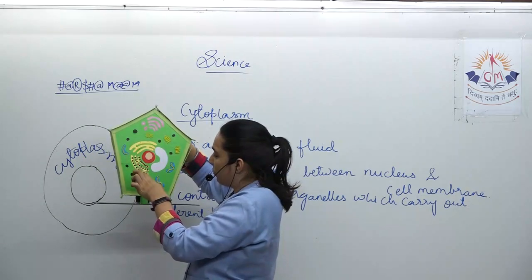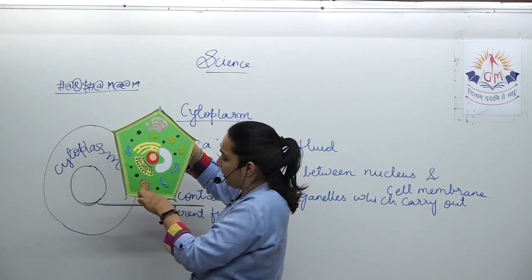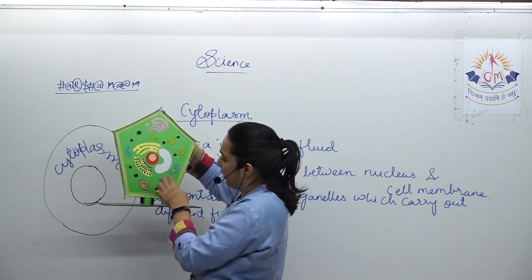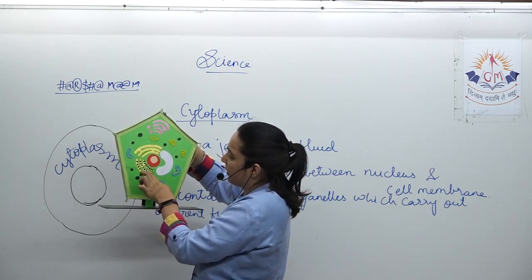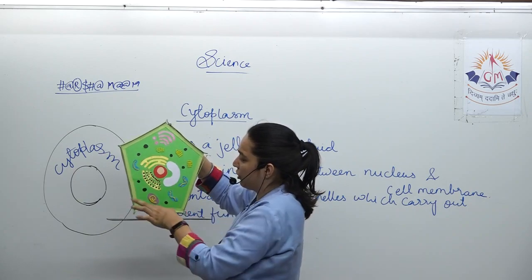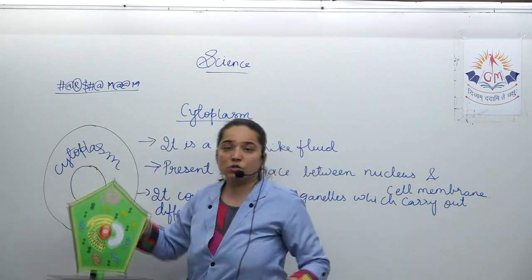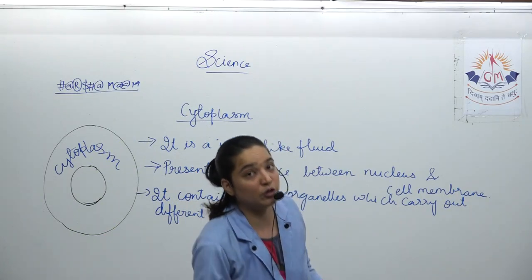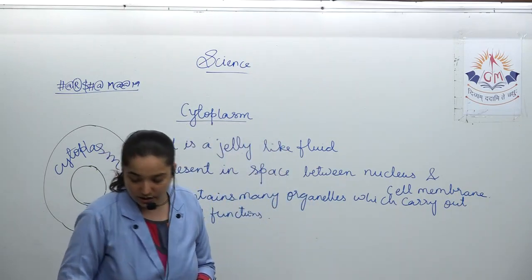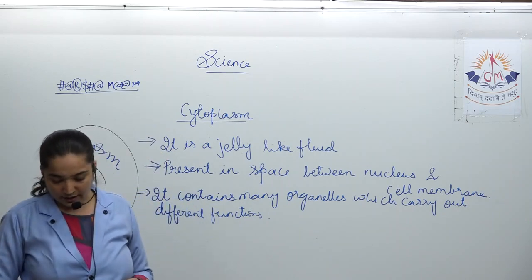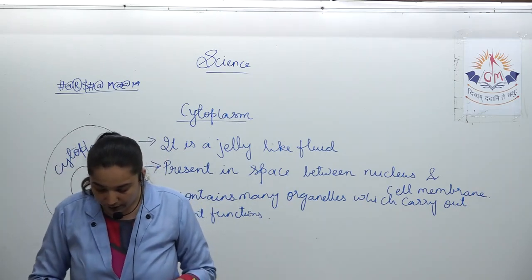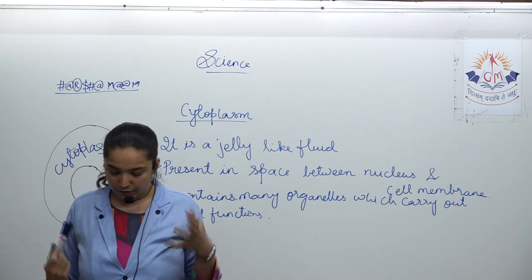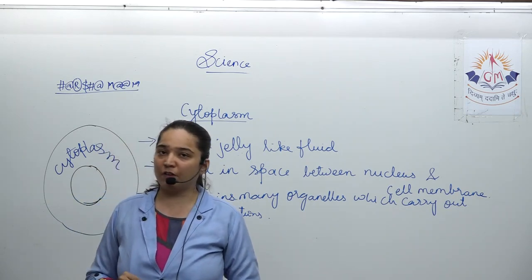And if we talk about this, this is mitochondria, endoplasmic reticulum, Golgi body. Like this, all the different organelles are present, and we are going to study those organelles in detail. Here they have also given some of the functions, but we will not do the functions here.